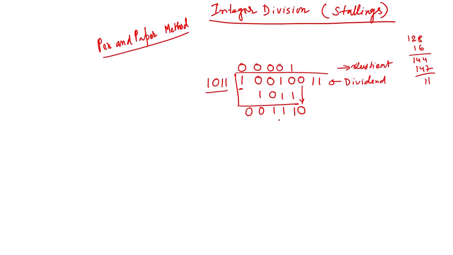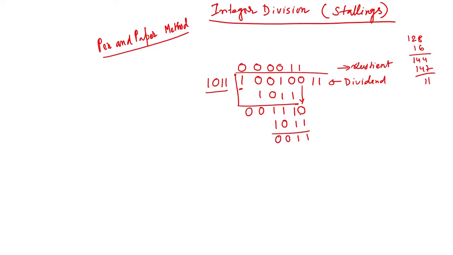What is this value? 11110. This is larger than 1011, so you should put 1 here and subtract 1011 again, and this will be 1 0 0.